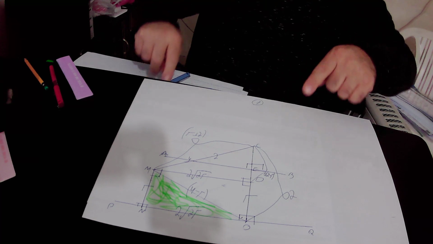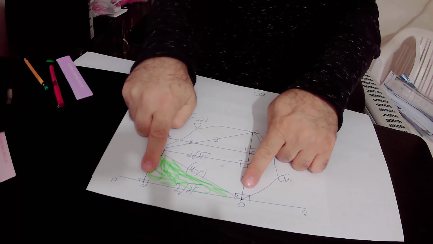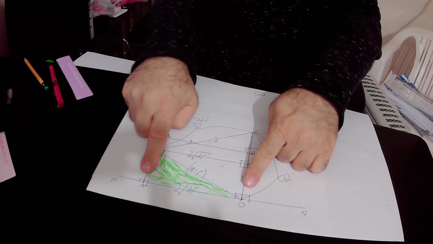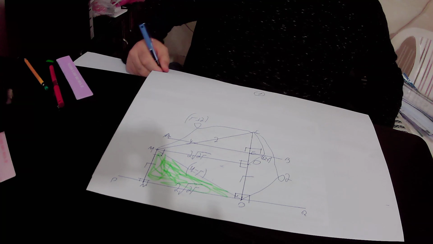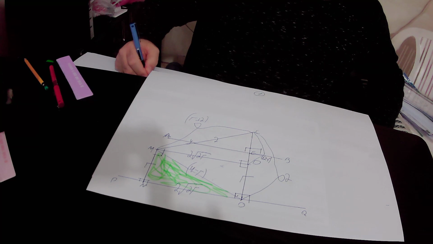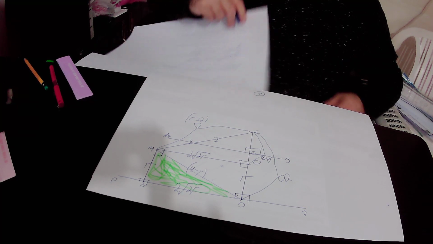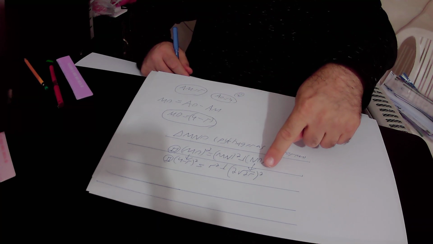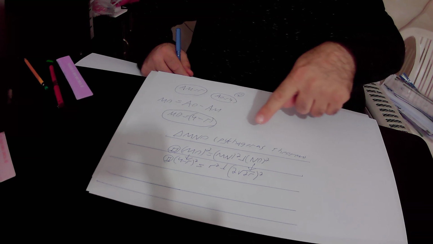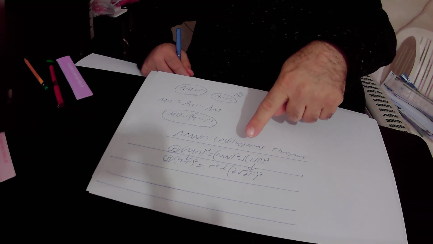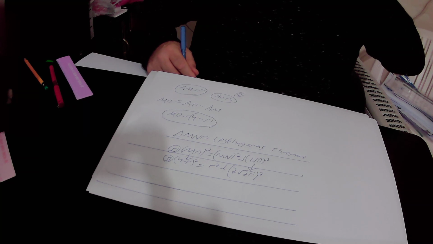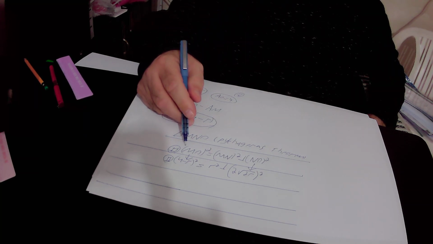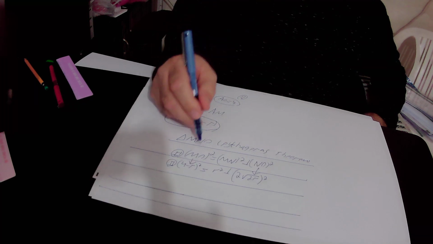NO equals 2 times the square root of 2R, so NO squared will be equal to (2 times the square root of 2R) squared.